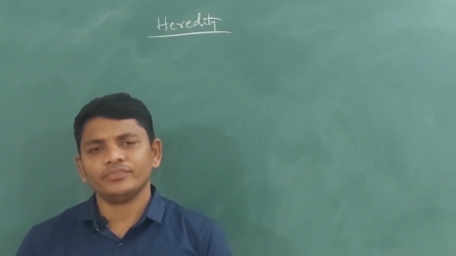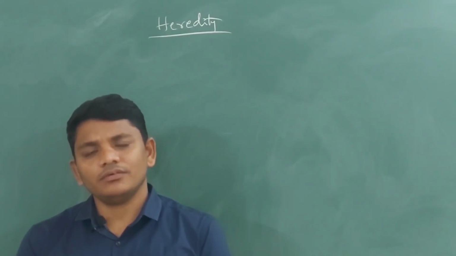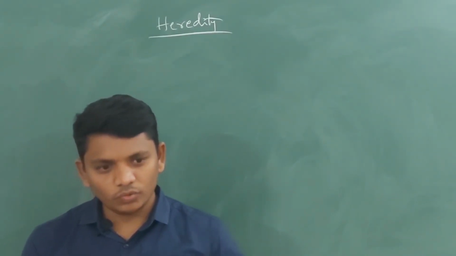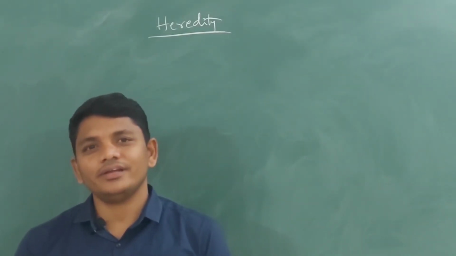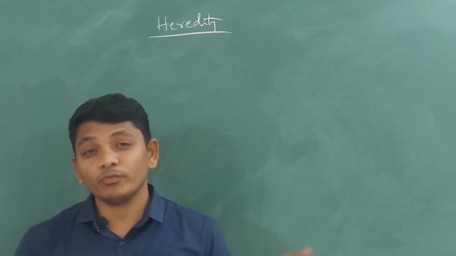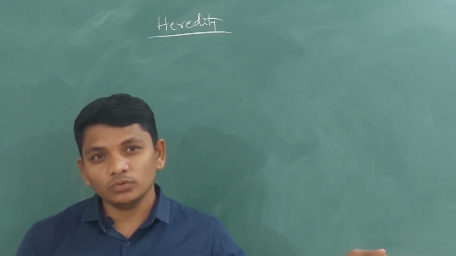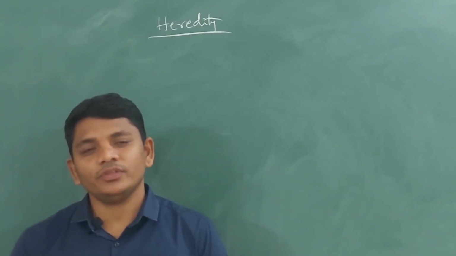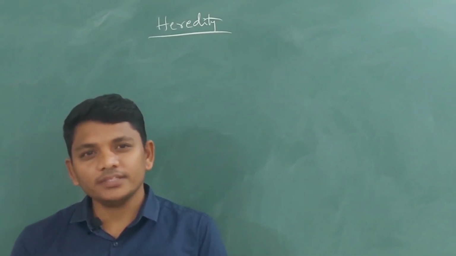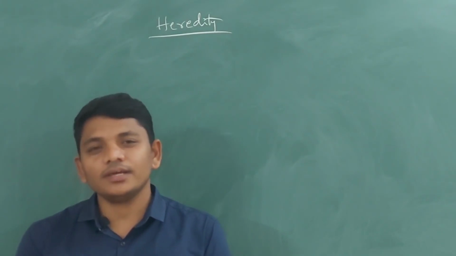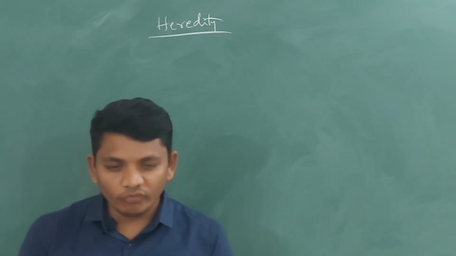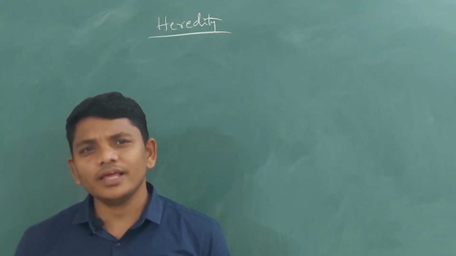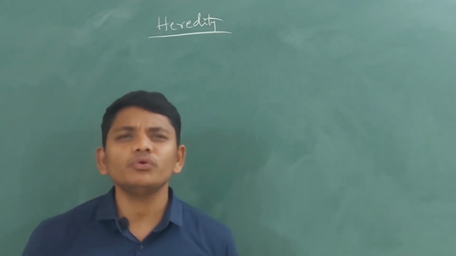For example, the passing on of my father's characters from him to me is heredity. Once again, the passing on of mental or physical characters genetically from one generation to another generation is called heredity. So, I look like my father due to heredity.